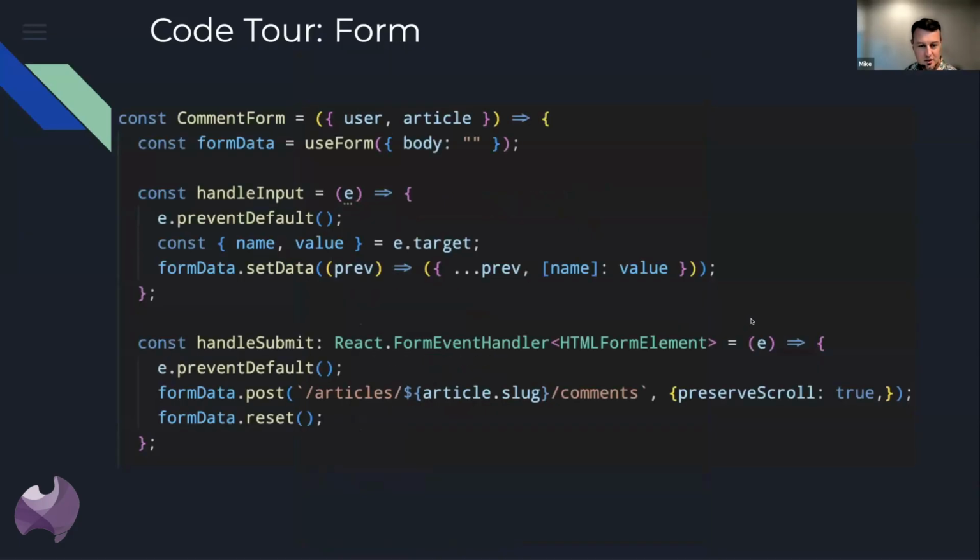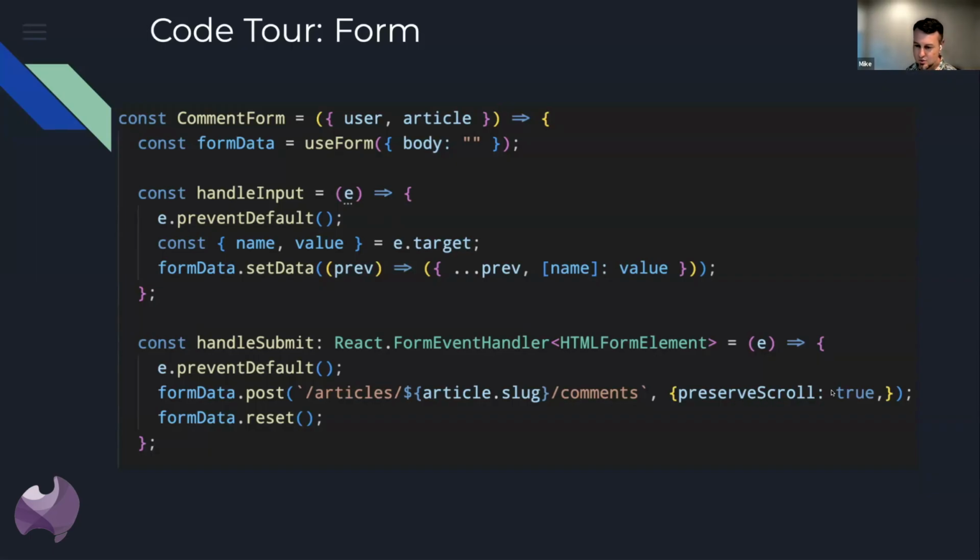Forms are, okay, this is a little bit boilerplatey. I think you could probably extract some patterns from this. But there's this use form hook, which you give the initial values of all your form fields, and then a couple of functions, one to handle input events and one to handle the submit event. And it's interacting directly with the usual event mechanisms where you have to prevent default to stop bubbling, but then you can update the data that is being tracked by the form or go off and submit it by posting it to an endpoint.